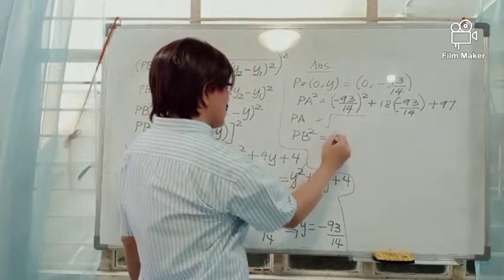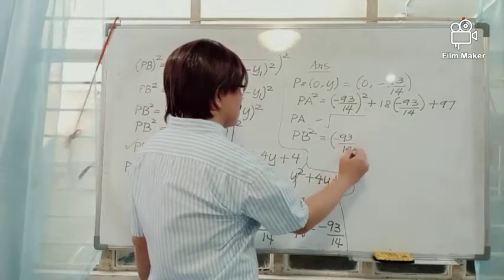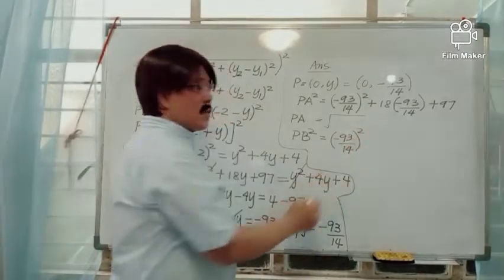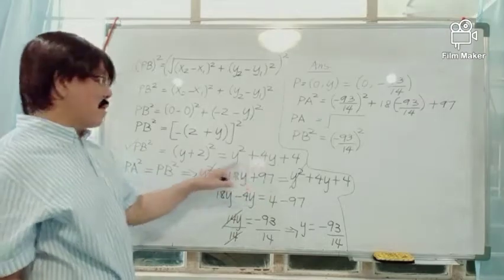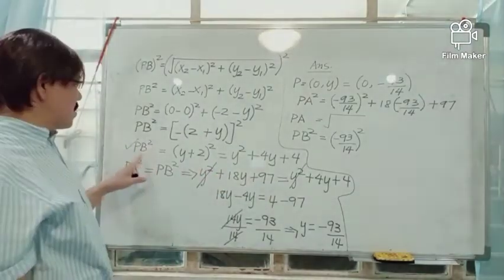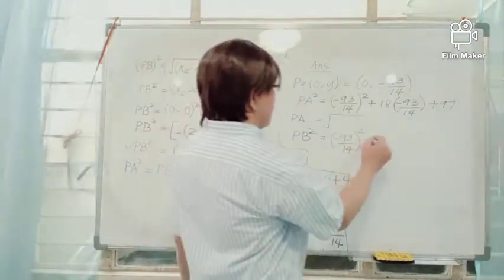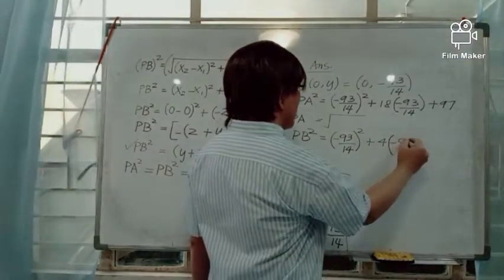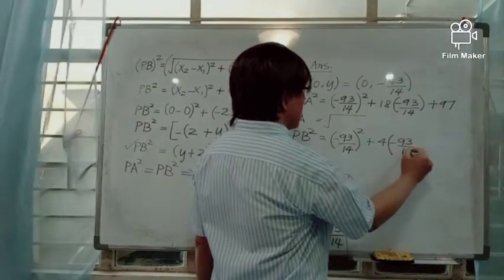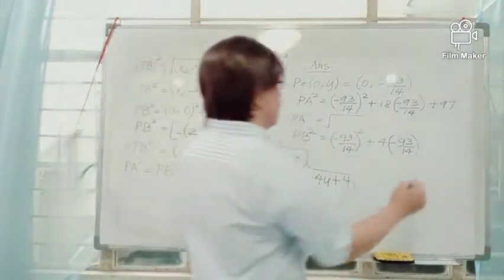We have negative 93 over 14 to the power 2, plus 4 multiplied by y, negative 93 over 14, plus 4.